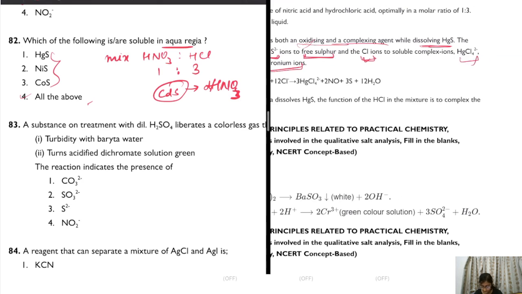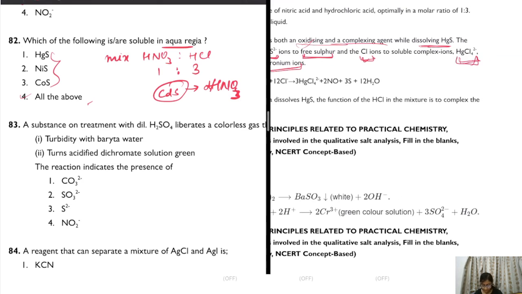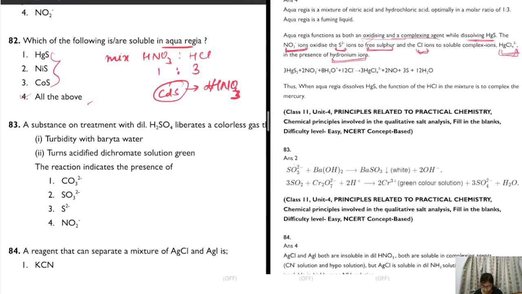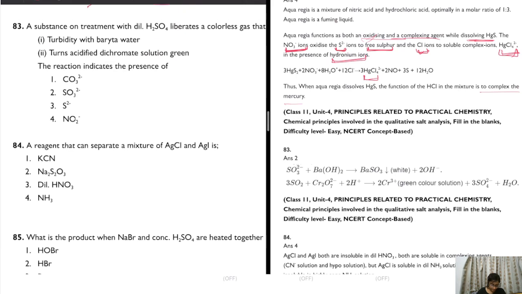Okay, we get HgCl4 2 negative because of chloride ions. So it complexes the mercury, that is, mercury is very toxic. So the correct answer is 4. Now let's see the next question.